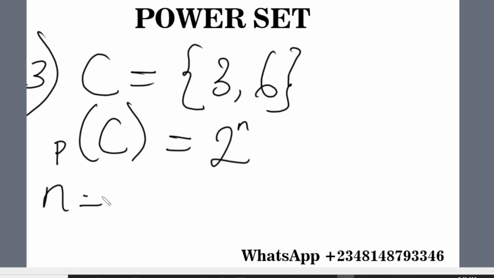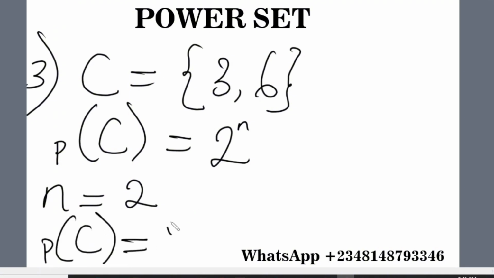Our n here is 2 because we have two elements in the set, which is 3 and 6. So n is 2. If we substitute into the formula, it becomes P(C) equals 2 raised to power 2, and 2 raised to power 2 is 4.